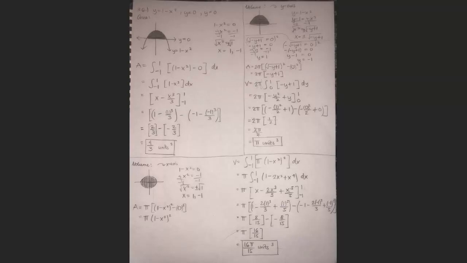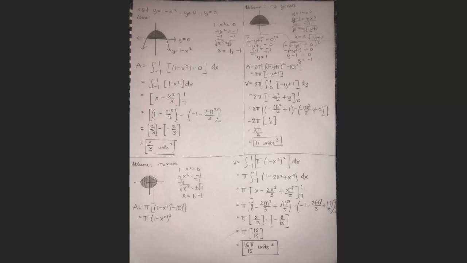So for the area, I found it to be 2 pi times the outer radius squared minus inner radius squared. So that's 2 pi times -y plus 1.